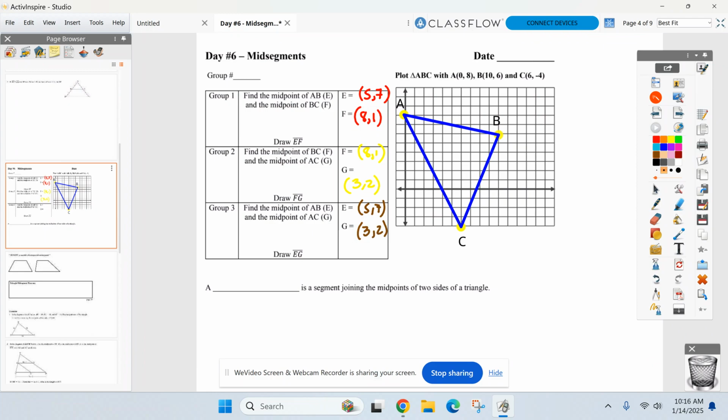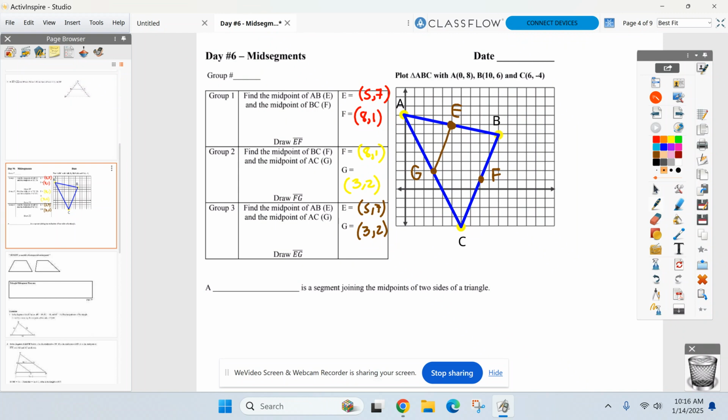All right, everyone, graph those points now, please. Just graph them. Don't connect anything. Now just connect GE for me.